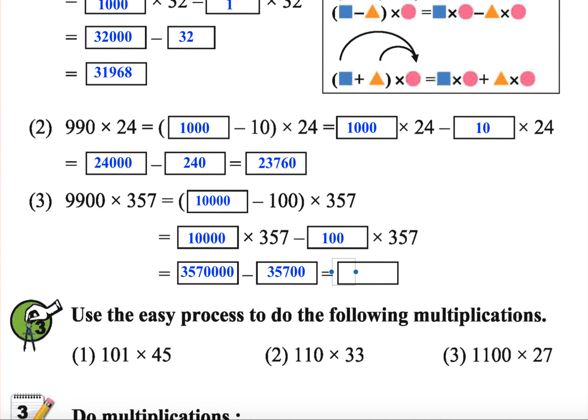Okay. 353 is common. In the 5,000 we will remove 700, then 4300. If you add 700 to 4300 it becomes 5,000. Okay, 35,000. This is the answer.